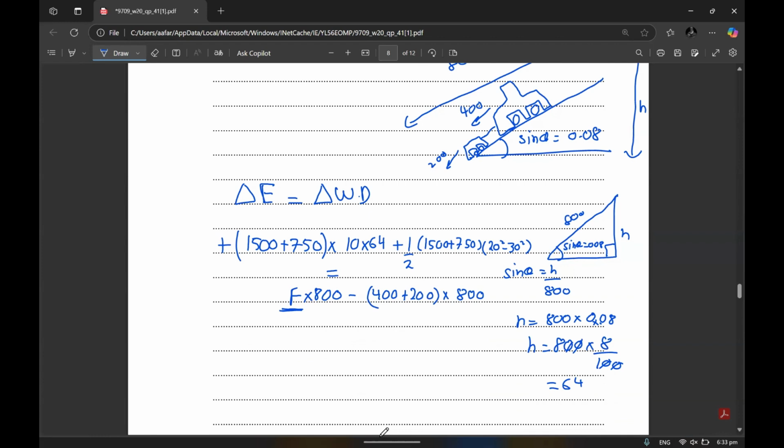If we simplify this, we should get the driving force as 1696.875, approximately 1700.